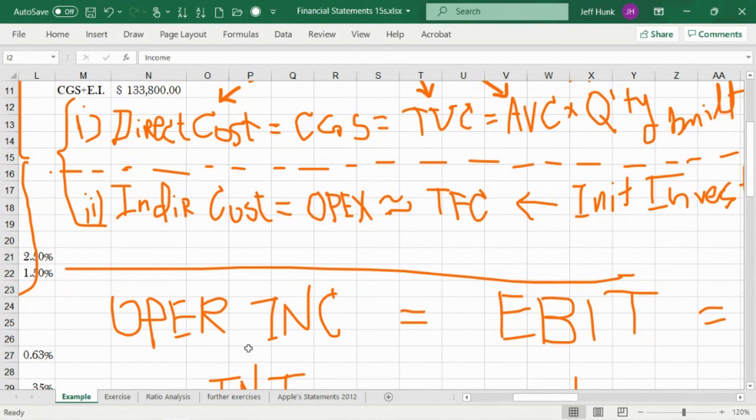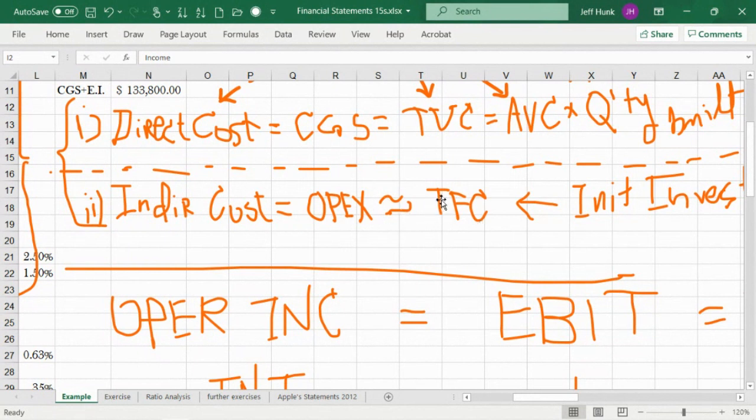These costs don't change. Hence the fixed cost. Operating expenses, OPEX, that's fixed, constant. But I told you it's a little bit different from total fixed cost in microeconomics.